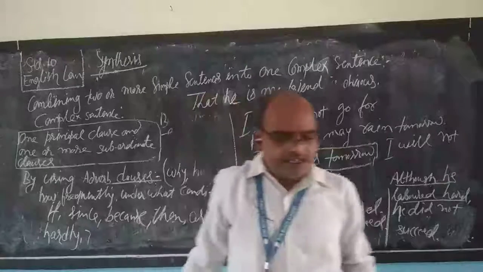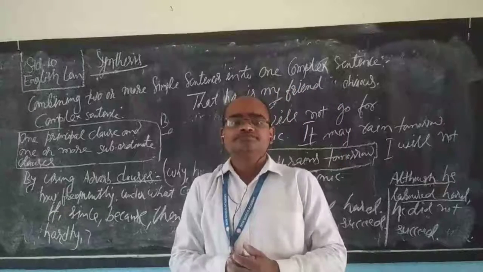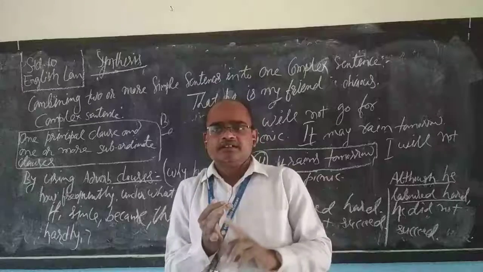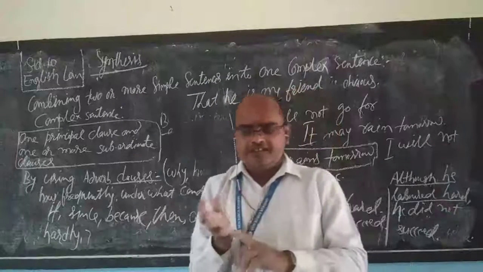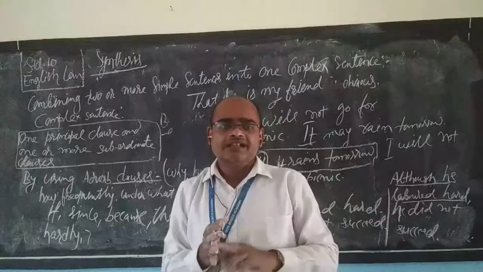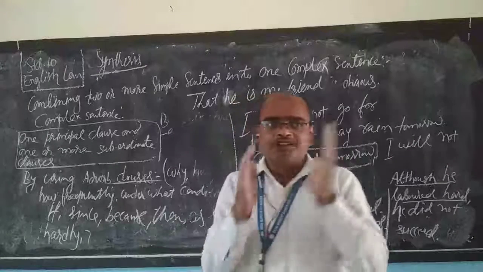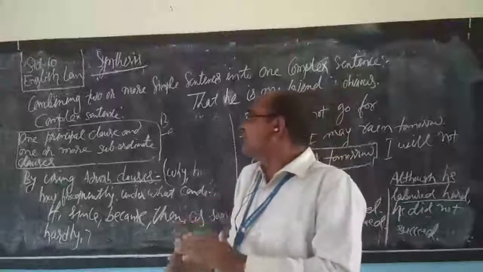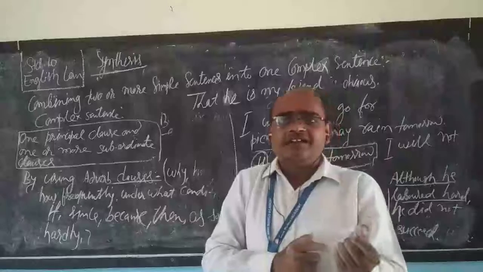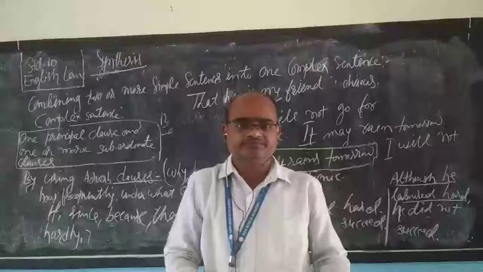So in this way you have understood that we join two or more simple sentences into a complex sentence by using three rules. First, by using a noun clause. Second, by using an adjective clause. Third, by using an adverb clause. You have also understood what a complex sentence is: it has one principal clause and one or more subordinate clauses joined together.